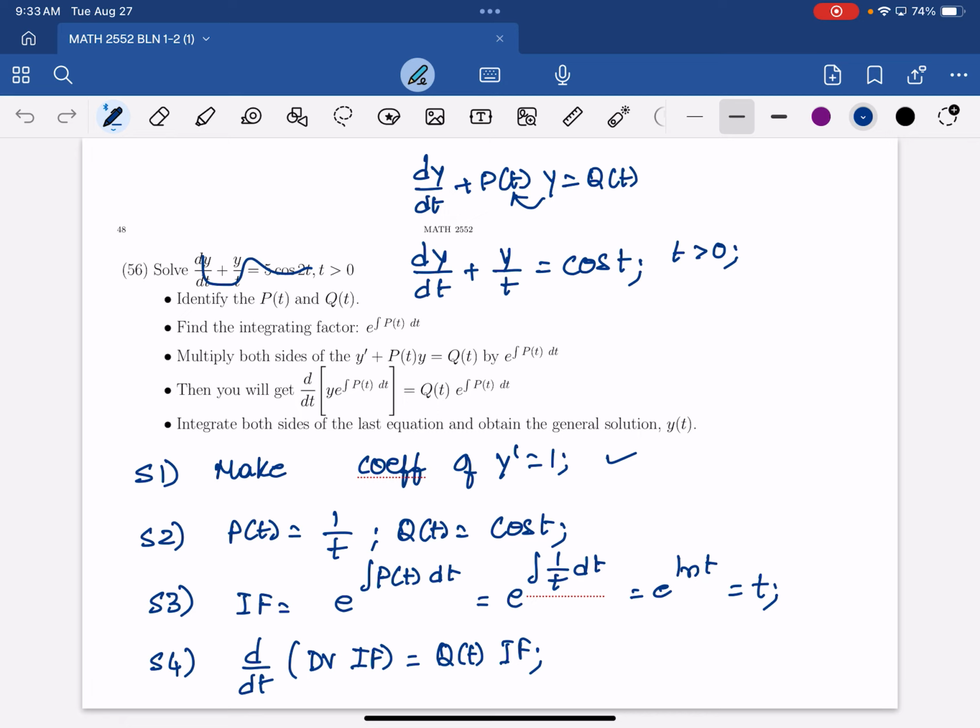Then identify p of t and q of t. Then find the integrating factor, which is the exponential of the integral of p of t. Then you can write the derivative of the integrating factor times the dependent variable on the left side equal to the integrating factor times the right hand side function q. After that, you integrate both sides and obtain the solution.